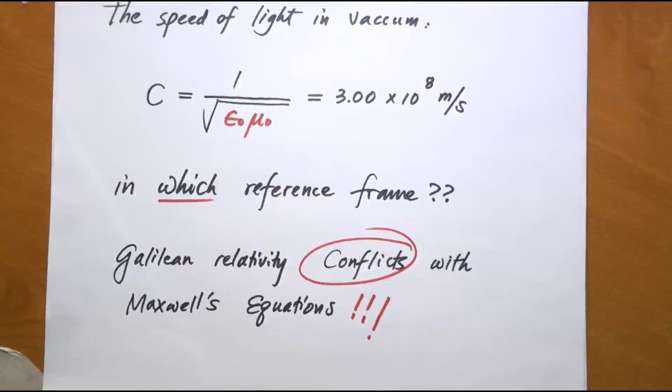Different reference frames measuring the speed will get a different result. For example, if you see a car zipping by at 60 miles per hour, to the passenger in the car, it is not moving at all, right? So you and the passenger in two different reference frames will yield different values for the speed of the car. But what about the speed of light?